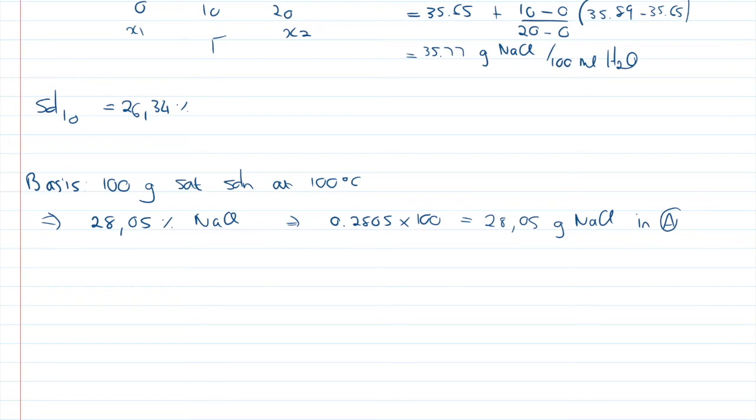So there are 28.05 grams sodium chloride in stream A. So we know what the rest is. It's water. So then that is the 100 minus 28.05. And we are left with 71.95 grams water.